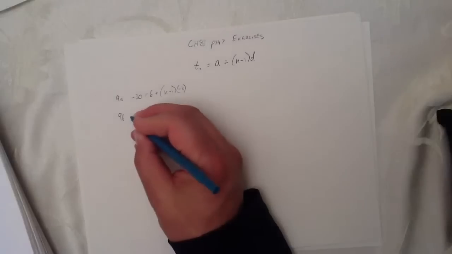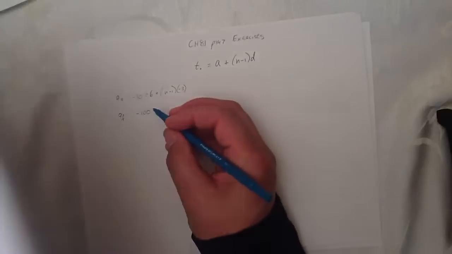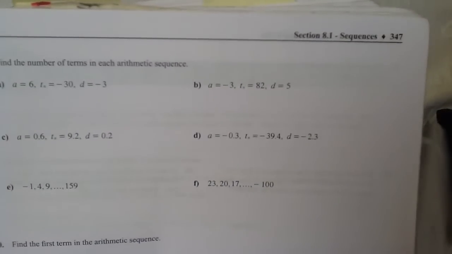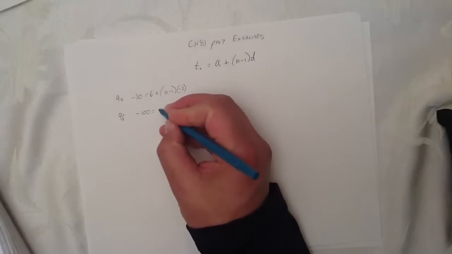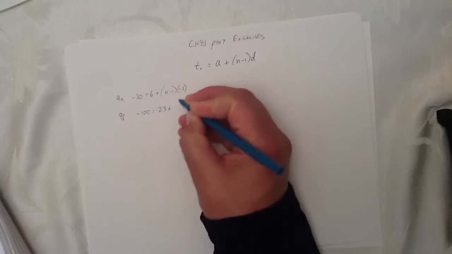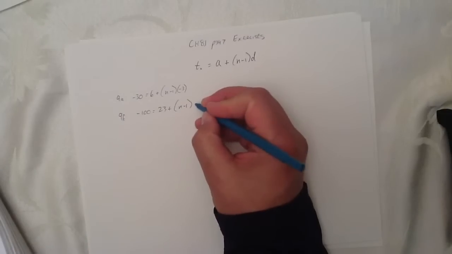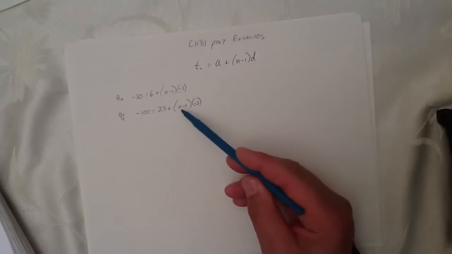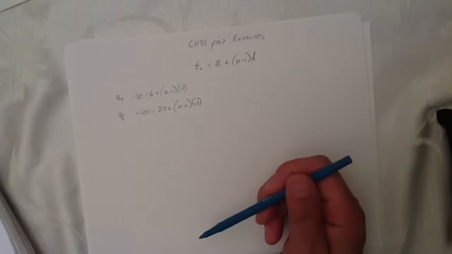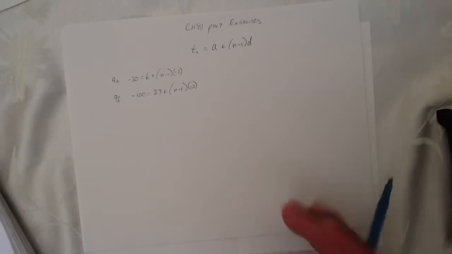So a is 23, and it goes down by negative 3 each time. So 23 plus n minus 1 times negative 3. That's the formula, and once again we're solving for n, and any grade 8 student could do that, because that's the level of algebra that's there.